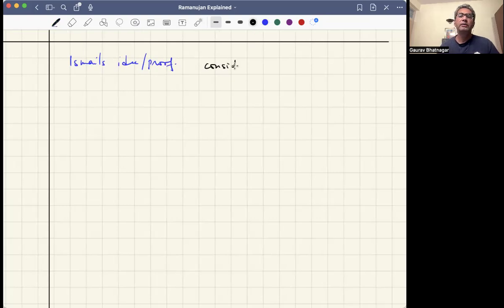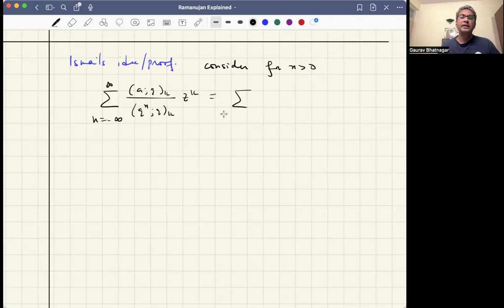So we consider for n bigger than 0, this series, k going from minus infinity to infinity, (a; q)_k over (q^n; q)_k z^k. First of all, we notice that it is k going from minus n plus 1 to infinity, (a; q)_k over (q^n; q)_k z^k. Why is that?